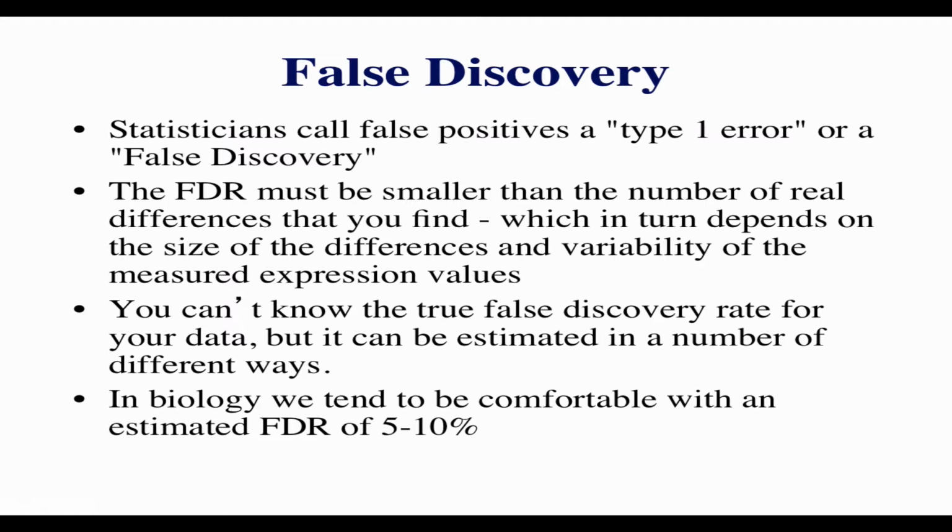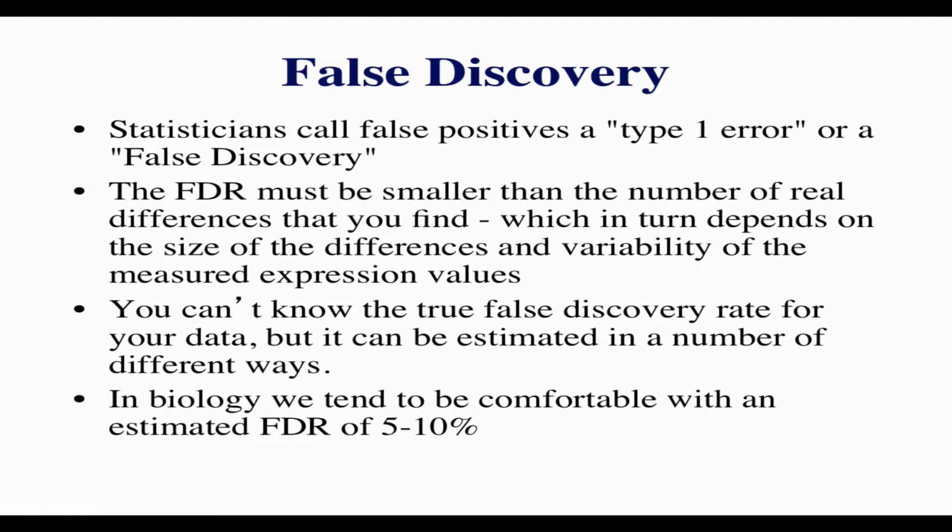Sometimes you could push it as high as 20%, so that you got 100 genes and 20 of them are probably false, but the other 80 are probably good, statistically speaking. So that's sort of the comfort zone where we operate. It's not really hard and fast proof, but it's a reasonable way of dealing with data where the variability is not well understood.